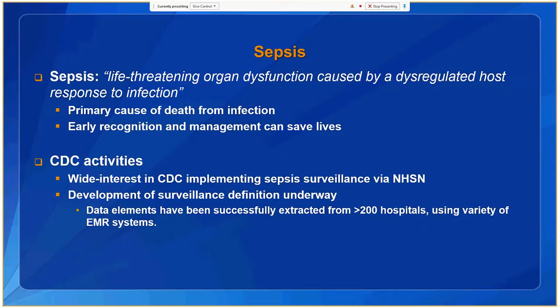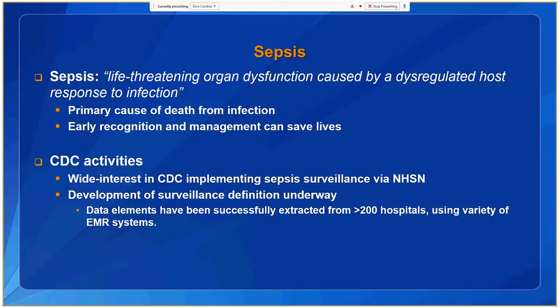We know that early recognition and management, which includes measures like prompt administration of antibiotics and resuscitative measures, can save lives. There is wide interest in the CDC and among patient advocates, healthcare quality experts, and the clinical community for implementing sepsis surveillance via NHSN. Thus, development of a surveillance definition is underway.